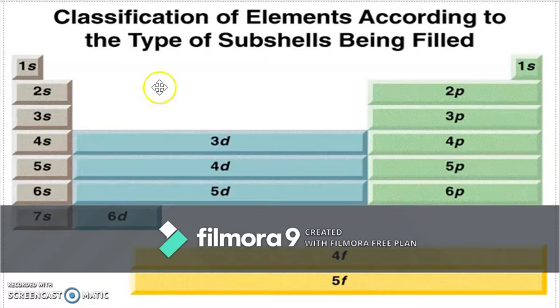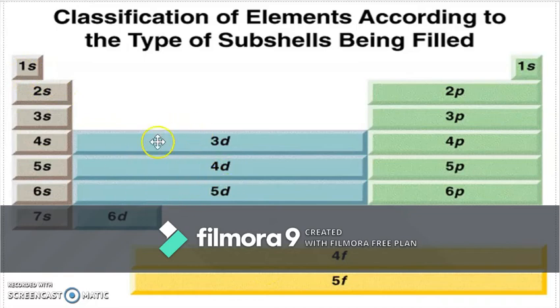Accordingly, we have s, p, d and f block elements. This classification is also known as differentiating electron classification. Here these elements are called s block elements, and the last or differentiating electron goes in the s orbital.